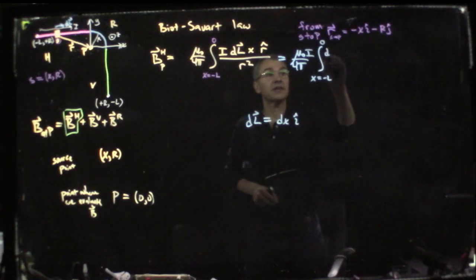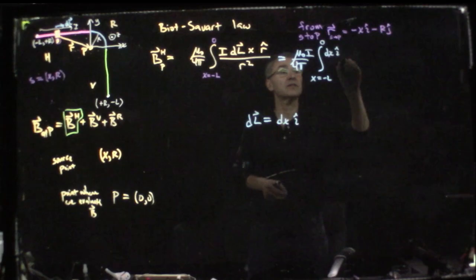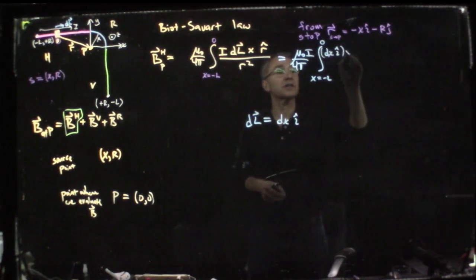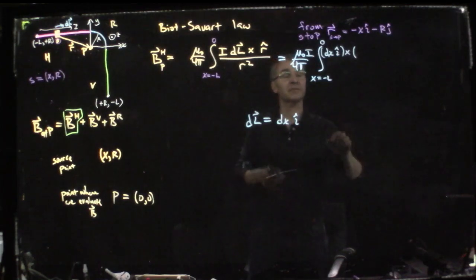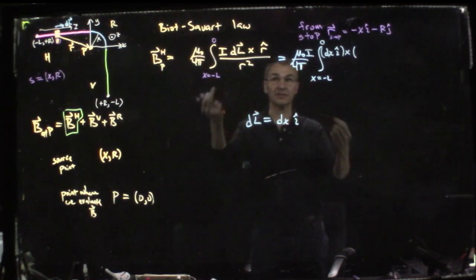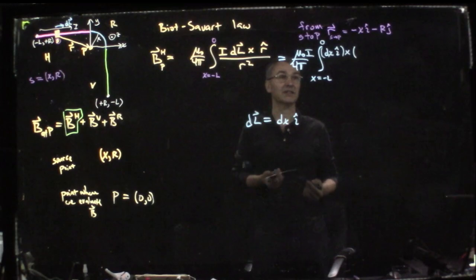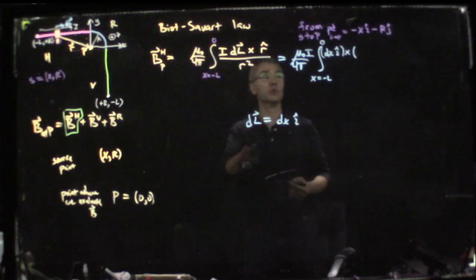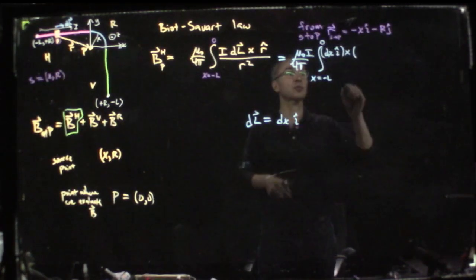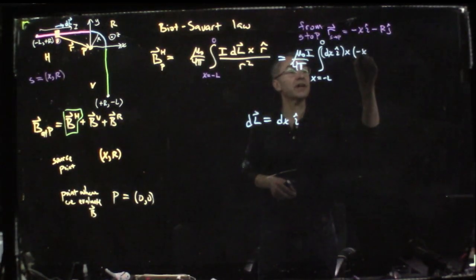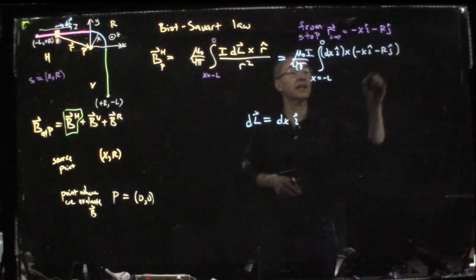So here is dx i hat, so that's dl, and then there's going to be a cross product with, it's hard to make a cross product that's not confused with an x unless you're typing. And then this vector r hat that we worked out, I wrote it here in purple. This is minus x i hat minus r j hat.